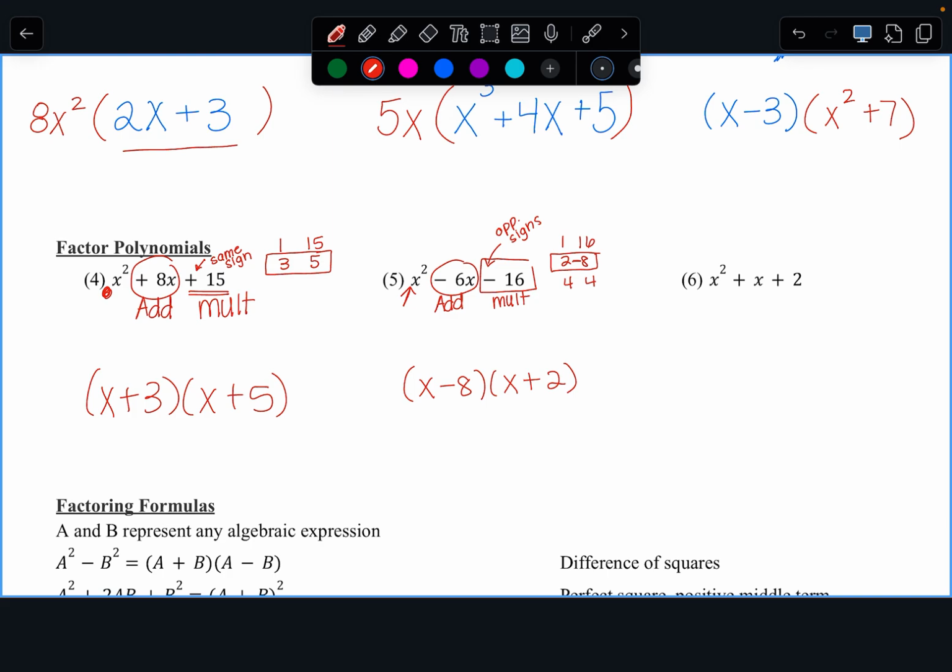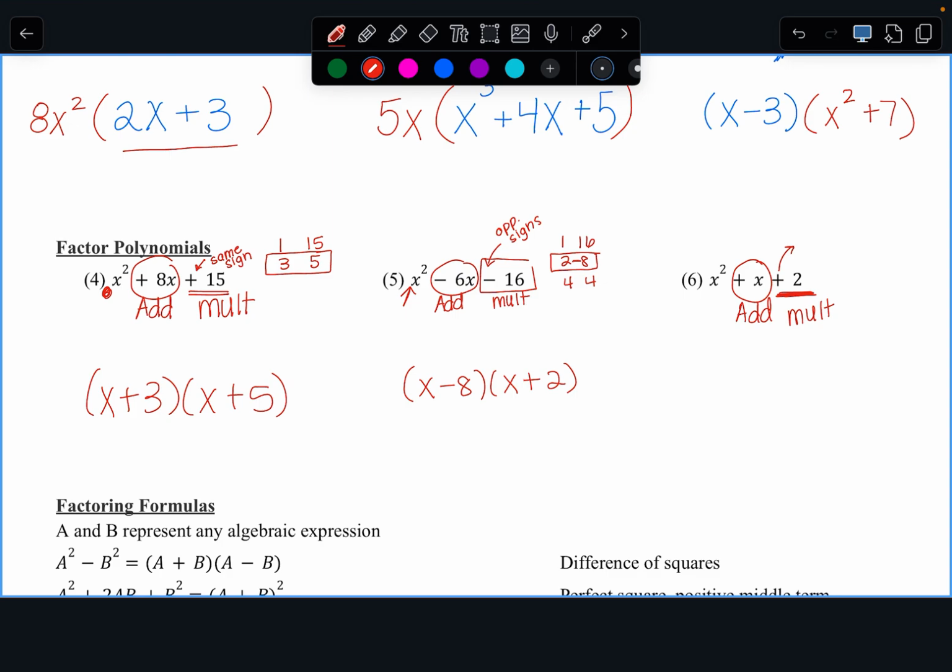Okay, so what do you mean by that? What am I looking at this for? Signs? Okay. I'm looking for those signs to add to this. What am I looking at this for? Multiply.